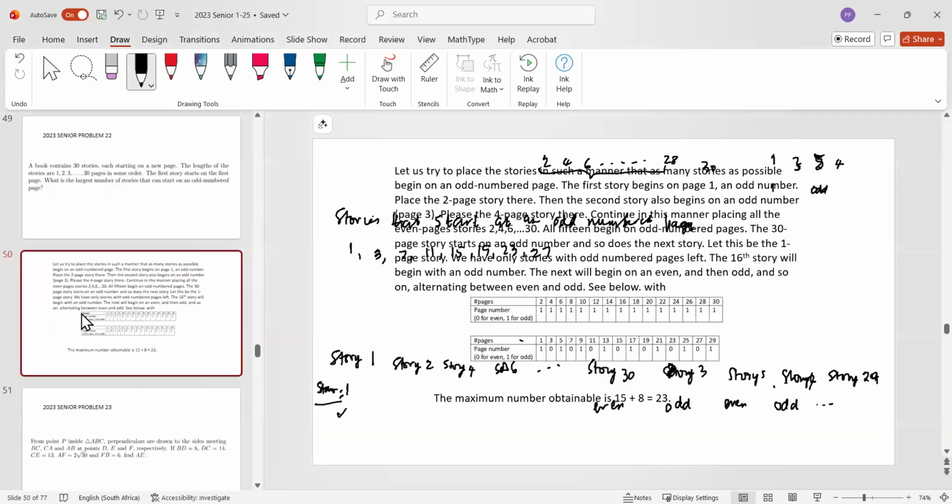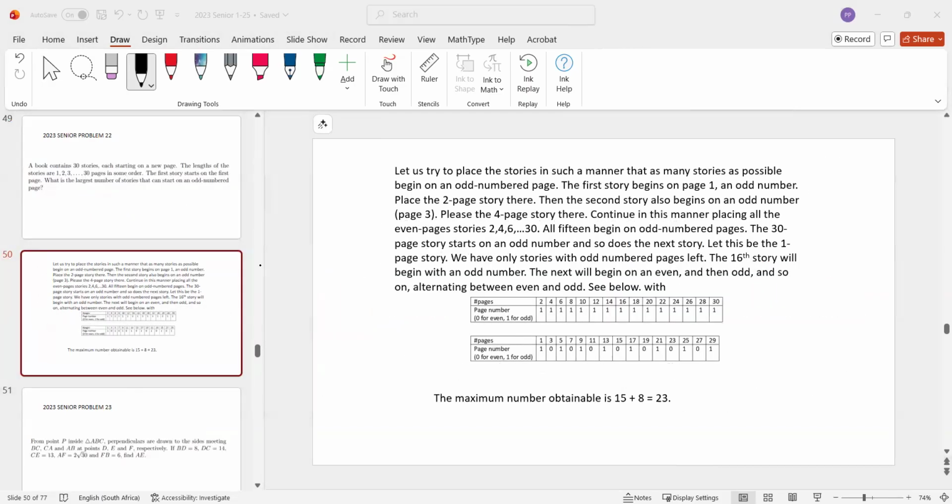So this is what I do. Okay, if you can see it, we start by saying the first story begins on page 1. If you look at line 2 here, an odd number. Then place the 2-page story there. On page 1, you don't place the 1-page story. You place the 2-page story at 1.